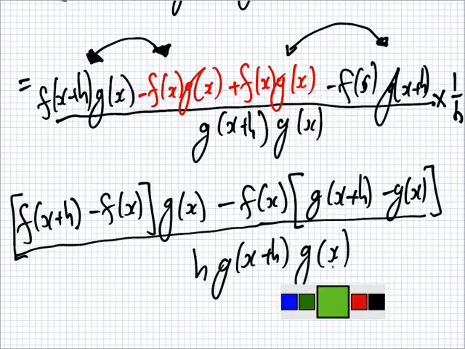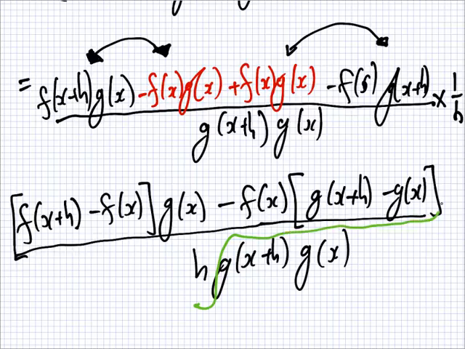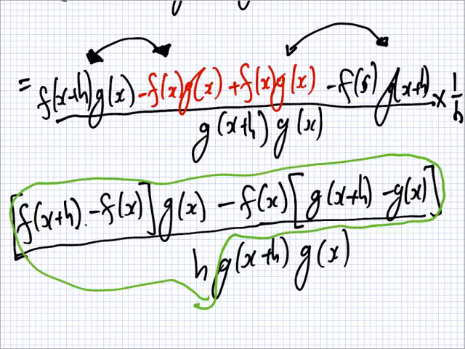Now if you want, you can forget about those g's just for a moment and just focus on this part. So what happens here when the h goes to 0? What does this piece become? Derivative of f. And what will this piece become? g derivative. And in red here, what will this piece become? g squared, very good.